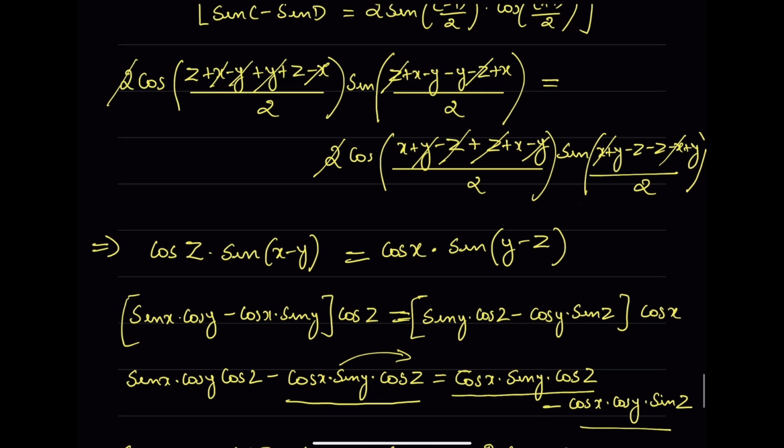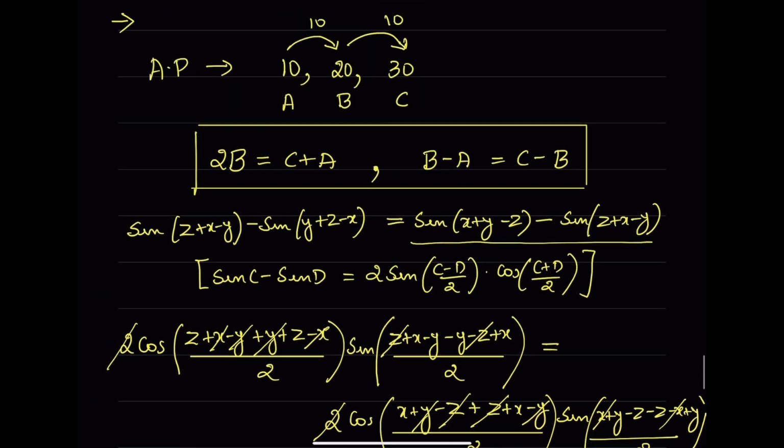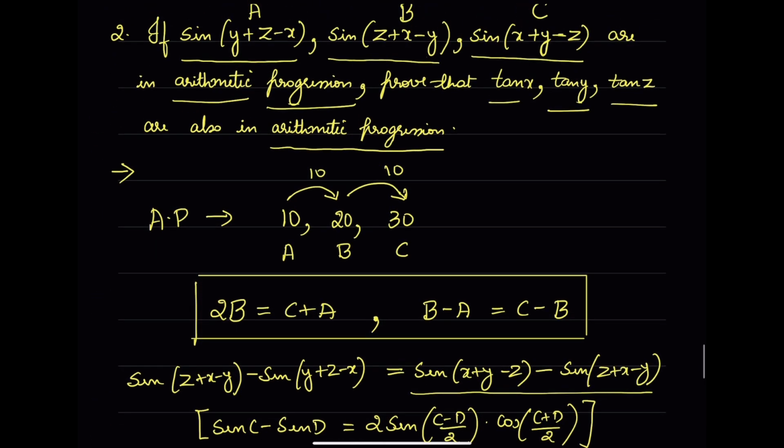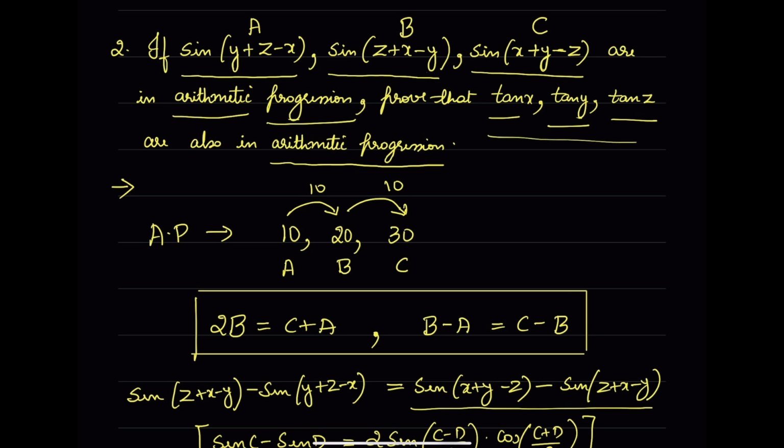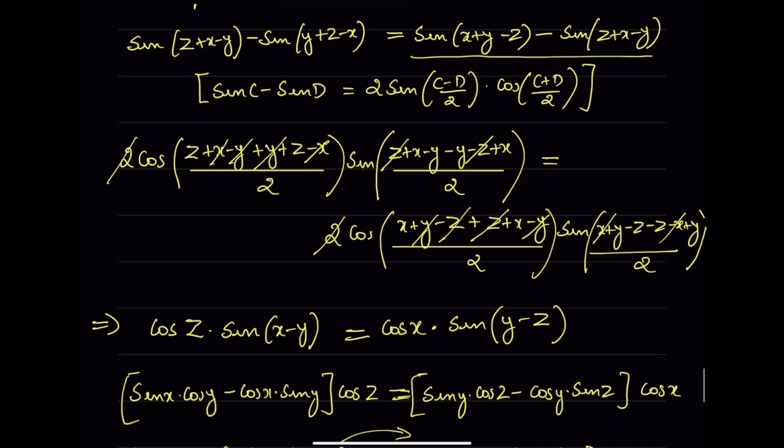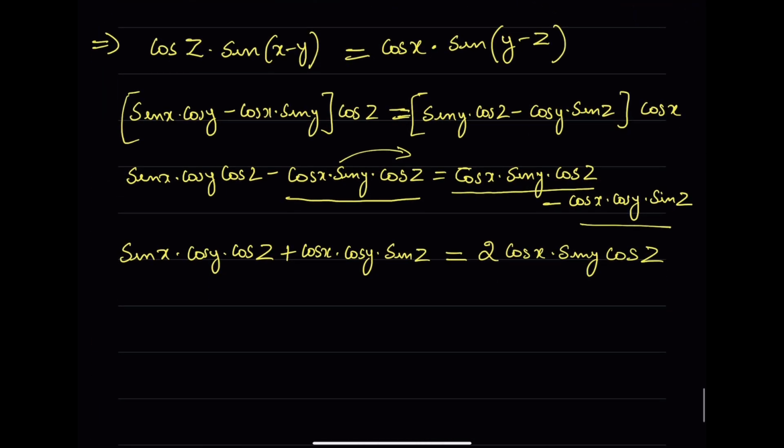Now in the question the requirement is that we have to prove tan x, tan y, tan z are in arithmetic progression. So to change sine and cos combination to tan, what we can do is divide both the sides of this equation by cos x cos y cos z. So let's divide both the sides.